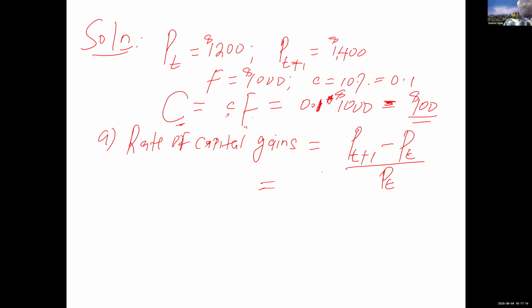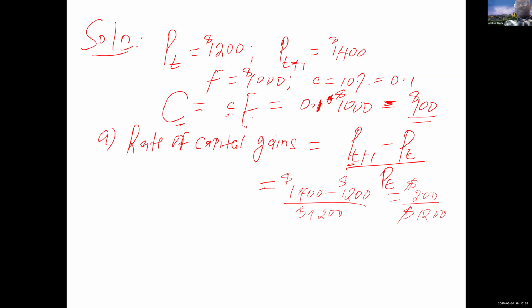You sold the bond for $1,400 after period 1, but you purchased it for $1,200 today, divided by $1,200. So the numerator, 1,400 minus 1,200, that's going to be $200 on the top, divided by $1,200 at the bottom.